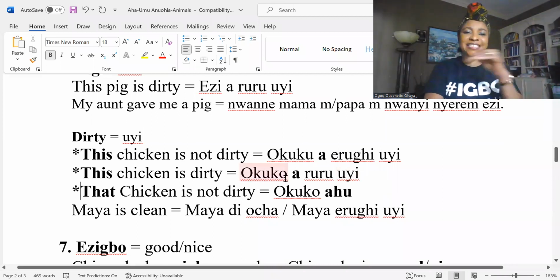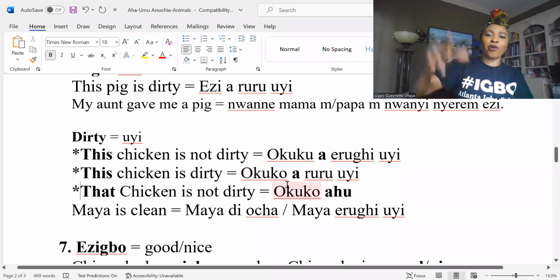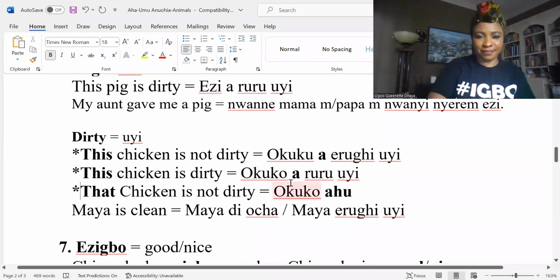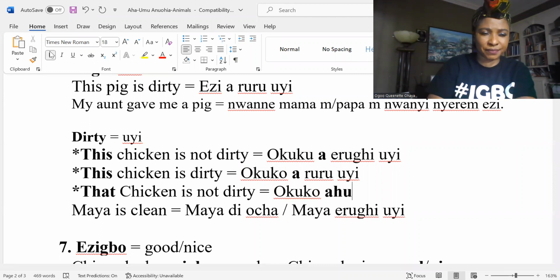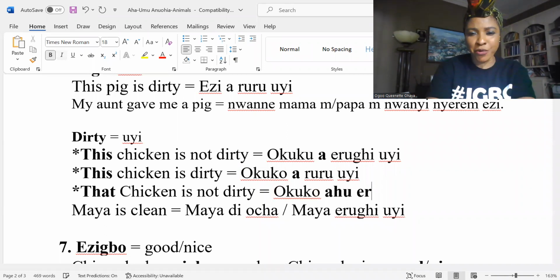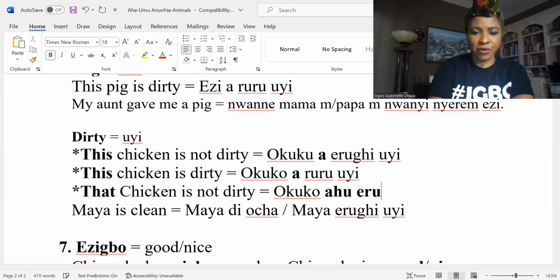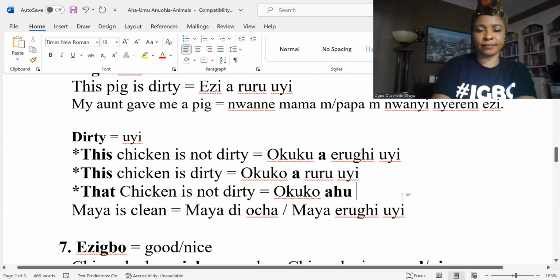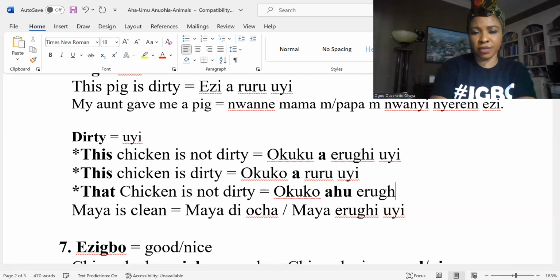But if I say this chicken, then it will be ọkụkọ a. I will do it again because I want you to get used to it. Ọkụkọ ahụ erughị unyi. I only want to bold that and this. Erughị unyi. All right.